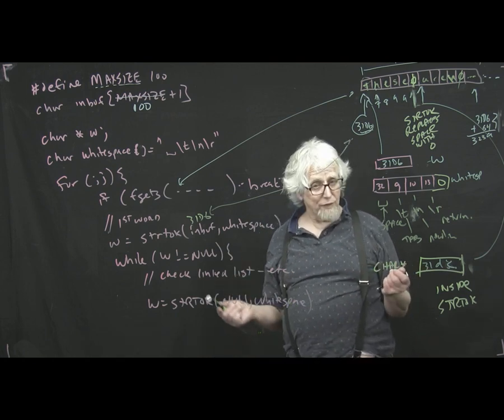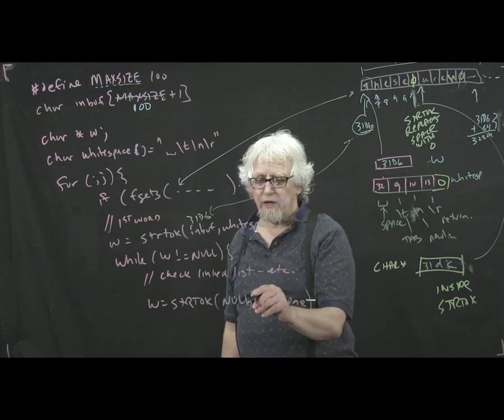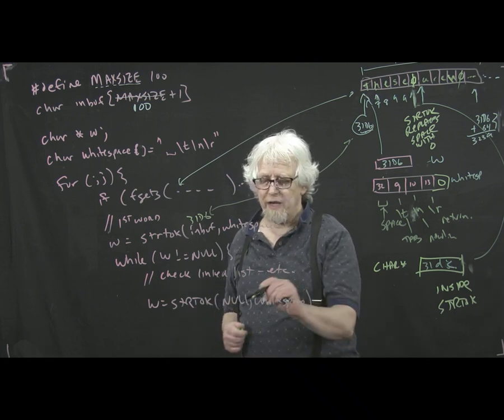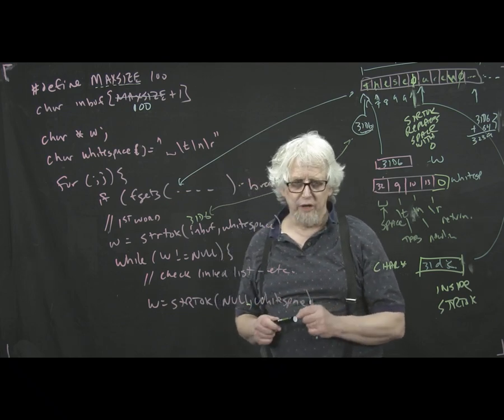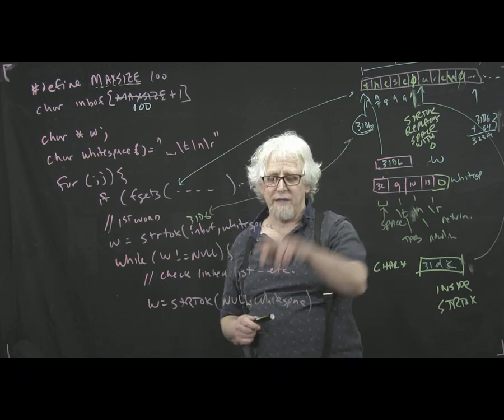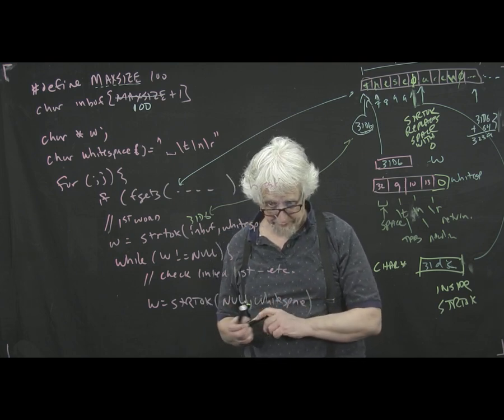How do I get the second word? I'm going to call strtok again, and over here, you'll notice I did not put the address of a beginning thing. I just put a null there.